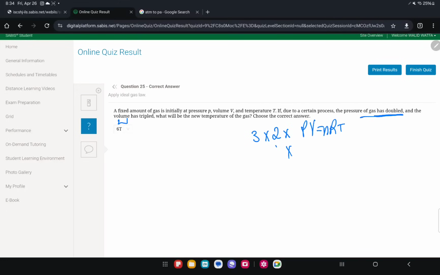So in total, I'm multiplying by 6. So 6 times PV equals nRT. Basically, what happened to the temperature is it got multiplied by 6, because what happens on this side also happens on this side. They're equal. So if you multiply by 6 here, you multiply by 6 there.